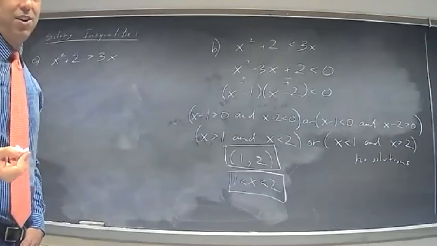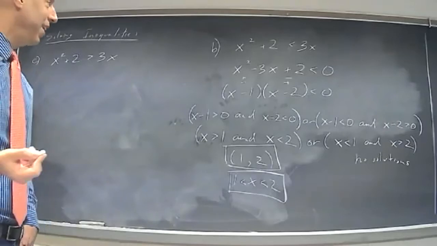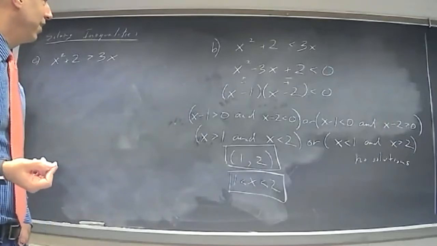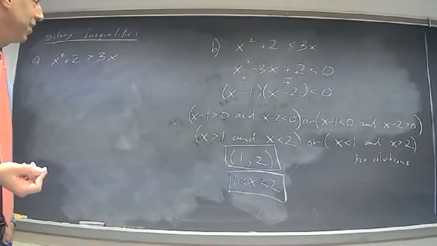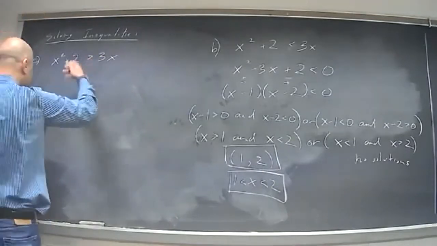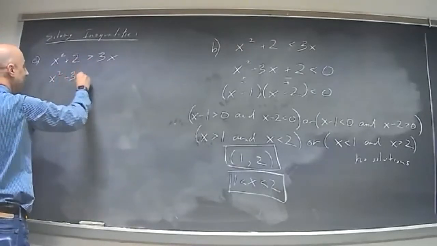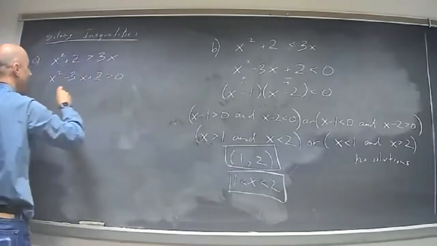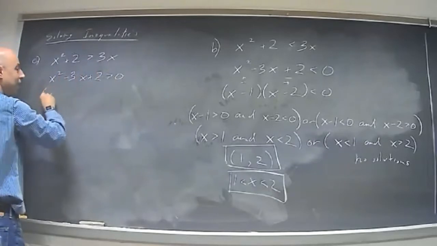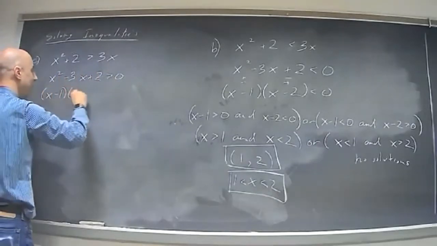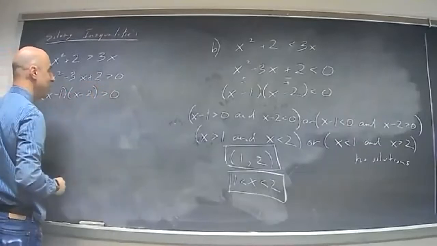First parts of that are identical, right? Other than the fact that I changed the order of the inequality. So bring the 3x over, almost seems a shame to do all this writing. Greater than 0, and then you factor: x minus 1 times x minus 2 is greater than 0.